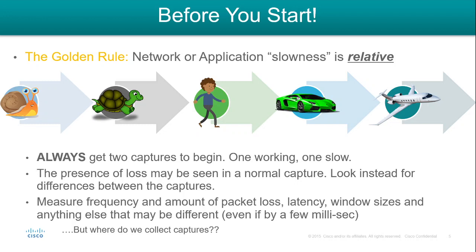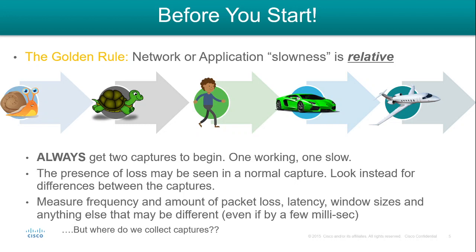Because of that, by having a fast versus a slow capture, we could do what I like to call a stare and compare and look at a lot of the different factors which we'll be covering in this training in order to figure out which one is maybe different or which one is drastically changed from one capture to the other. And based on that, we can usually make a successful analysis in terms of what might be wrong.